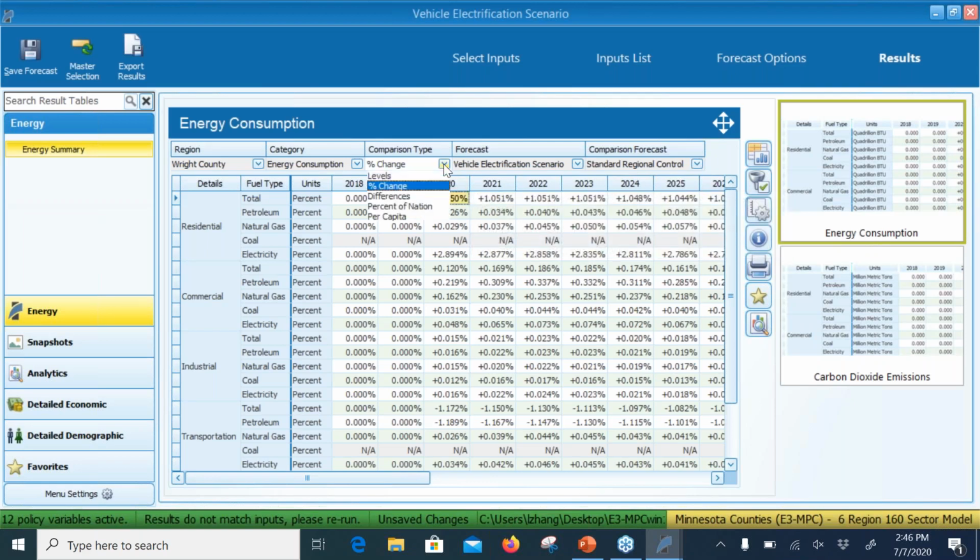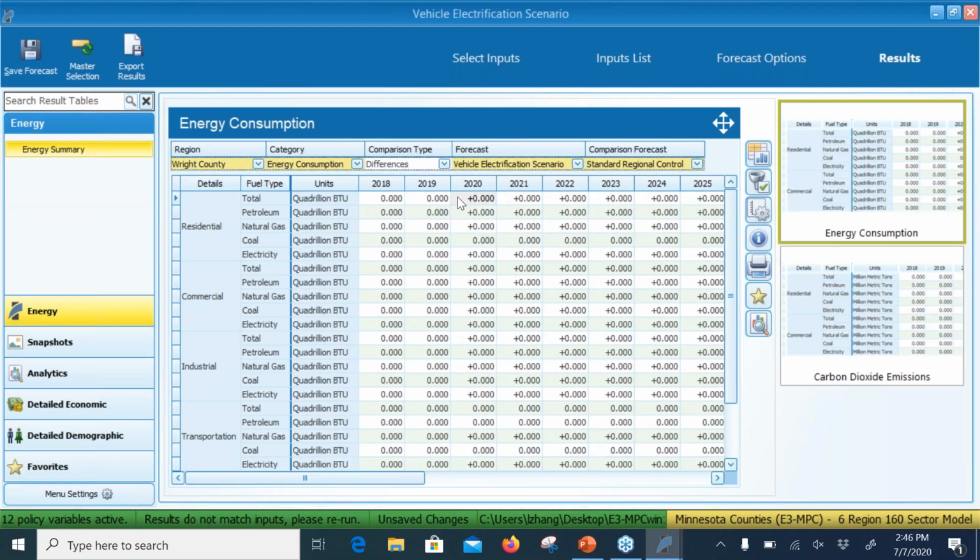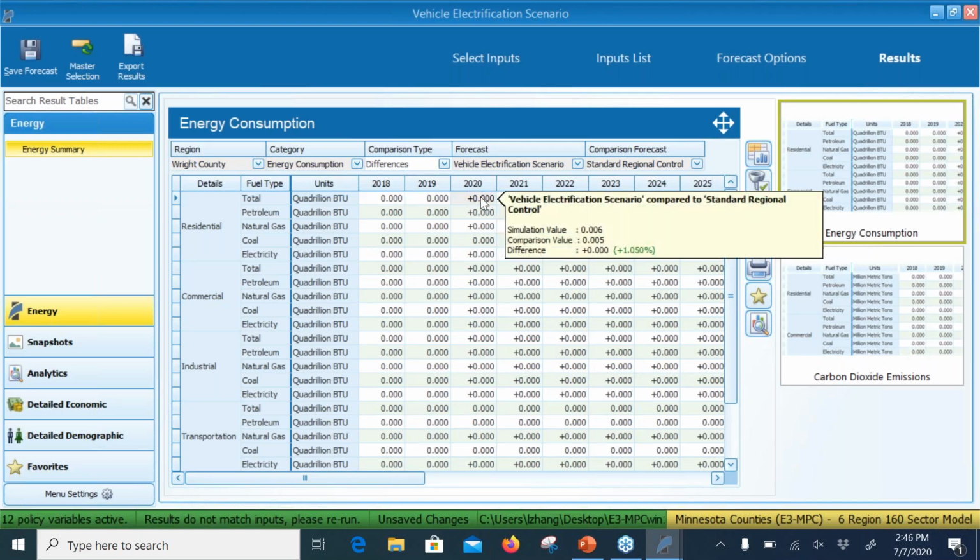I think it'd be better to look at differences, but it's kind of hard to see because the units are pretty small here. But you can do this to gauge this policy, how much it is going to increase the net BTUs of energy output.